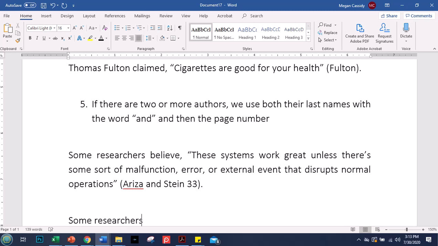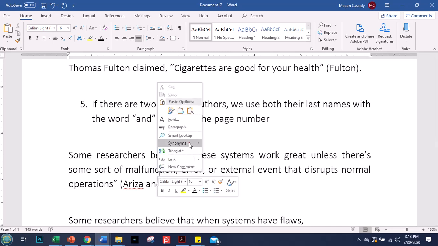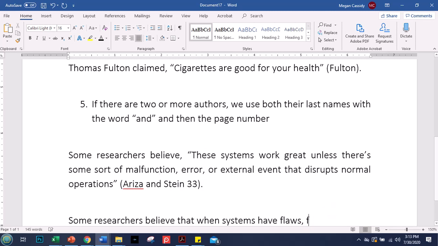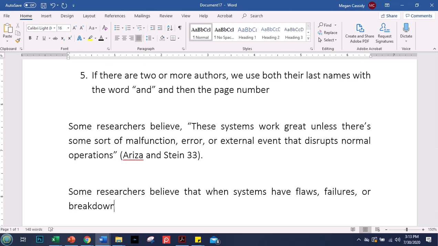So some researchers believe that when systems have flaws, how can I say malfunction differently? Let's look at synonyms. Failures and breakdowns. I like that. Failures or breakdowns.